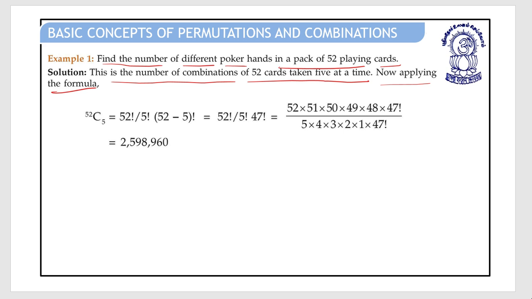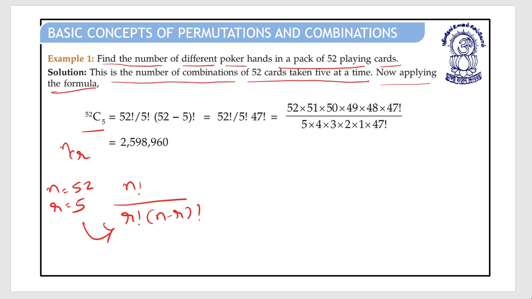Now applying the formula, 52C5. The formula is nCr, n factorial upon r factorial into n minus r factorial. Here n is equal to 52, r is equal to 5.